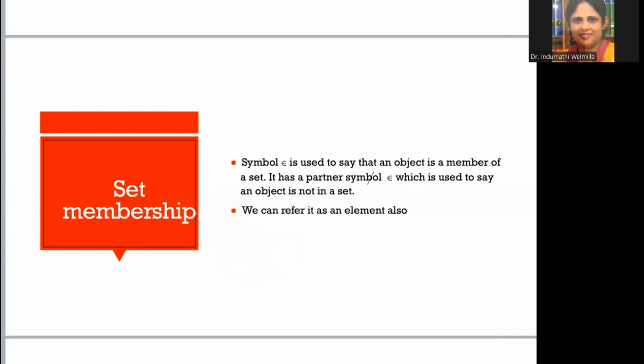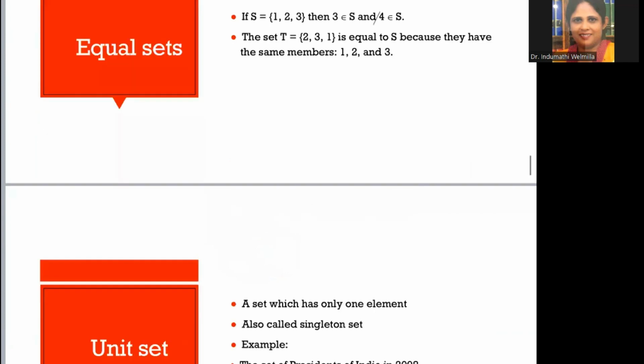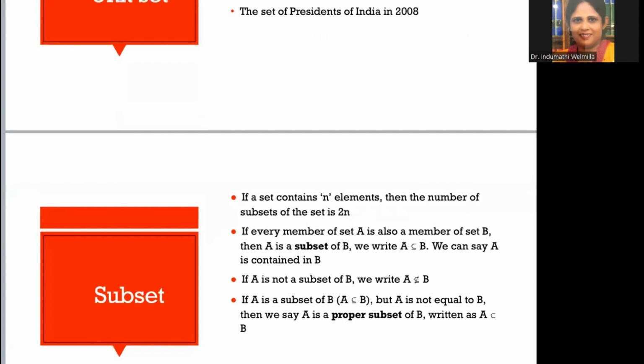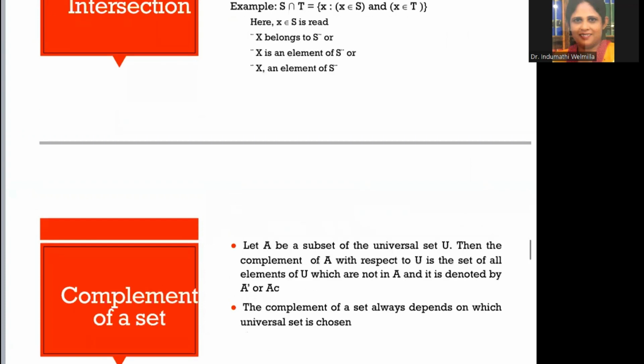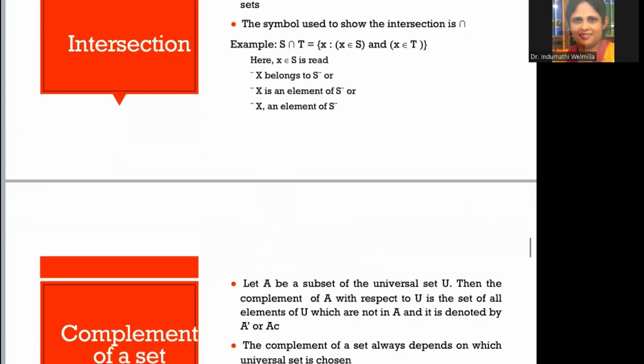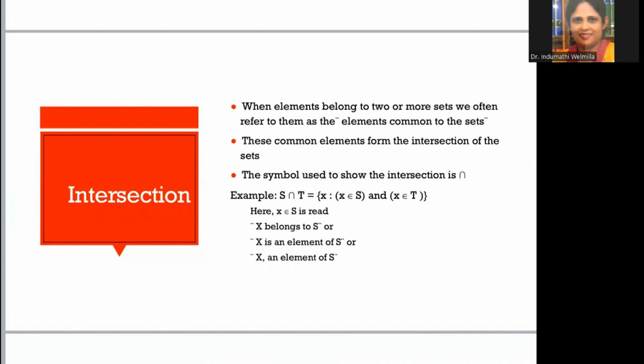Next, we understood universal set, equal set, subset, and union of sets. Then intersection. These things we can also understand under the subtopic of operations of sets.